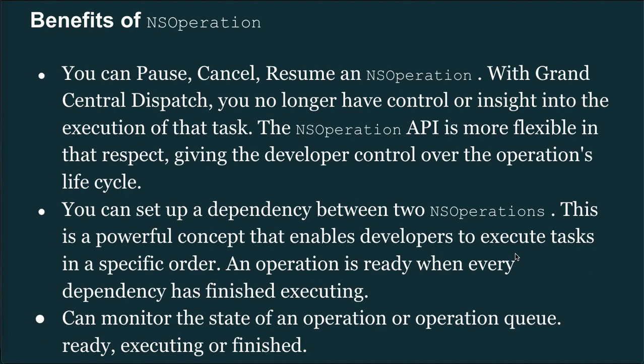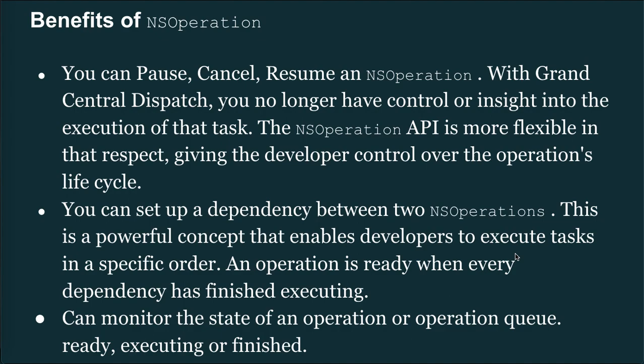Benefits of NSOperation: you can pause, cancel, and resume an NSOperation. With Grand Central Dispatch, you no longer have control or insight into the execution of that task. The NSOperation API is more flexible in that respect, giving the developer control over the operation's lifecycle.